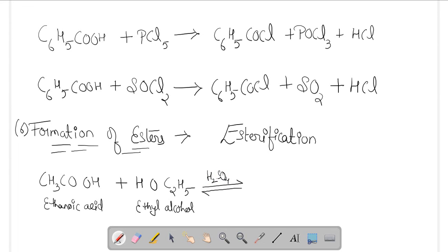The reaction enhancer or initiator can be HCl or H2SO4; either of them can be used here. So the product formed will be the ester CH3COOC2H5 plus H2O.